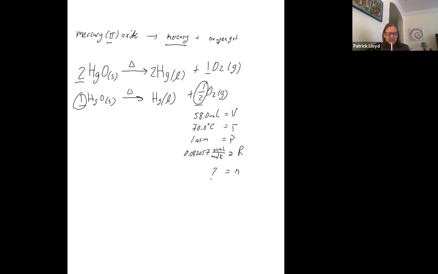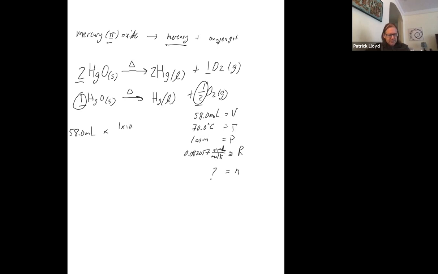There is this issue, you've got these milliliters. R is in liters, so be careful. If this is in liters and this is in milliliters, you've got a problem. You're going to have to cancel that milliliter. So let's do this. 58.0 milliliters converted to liters.